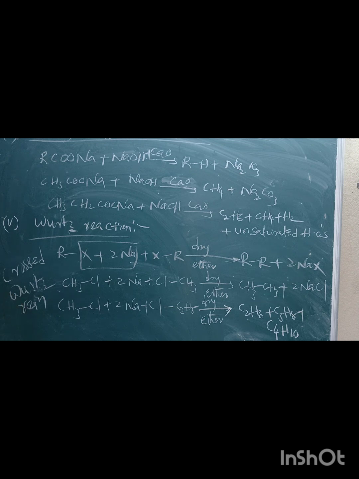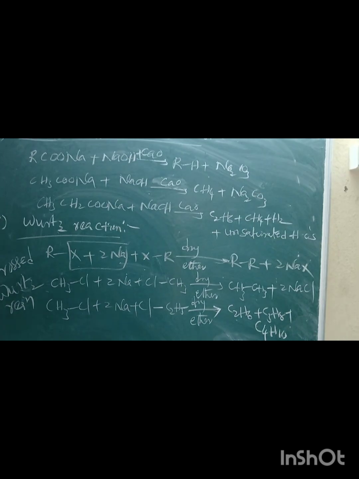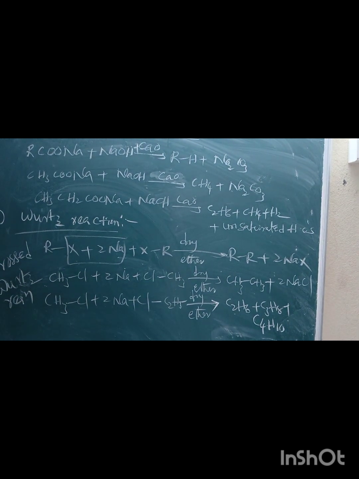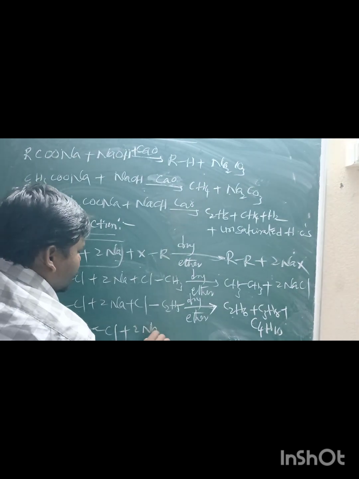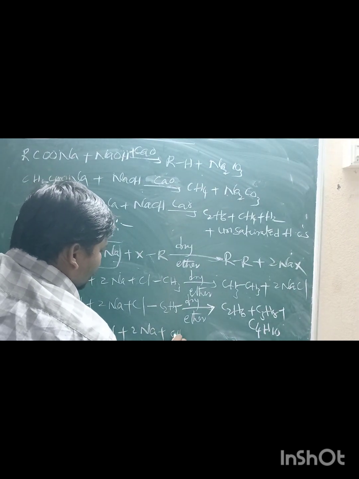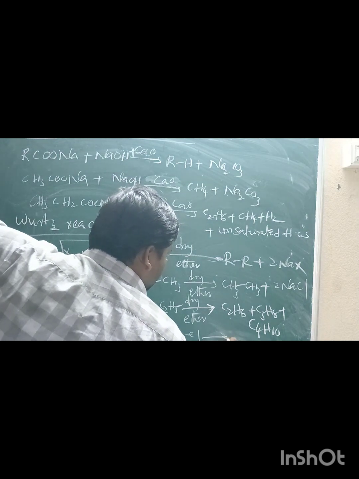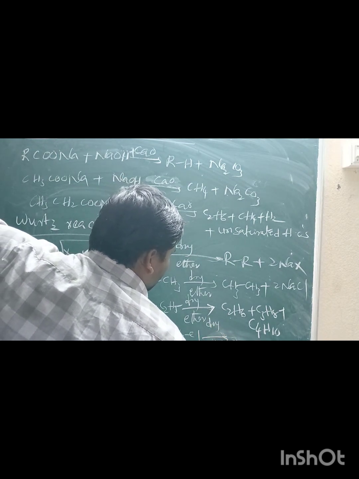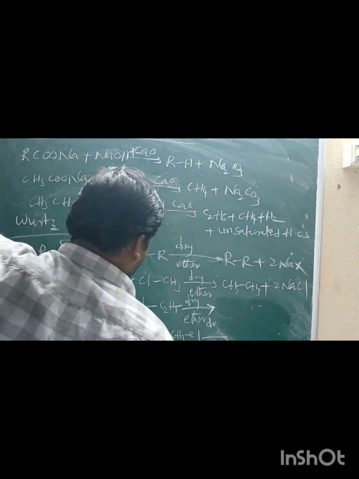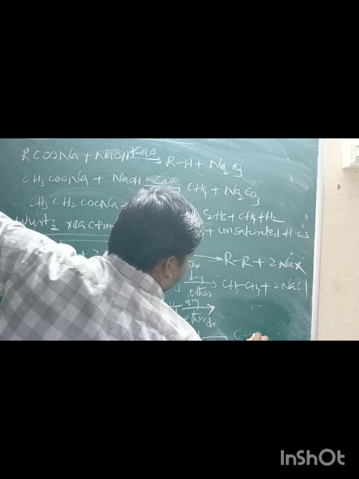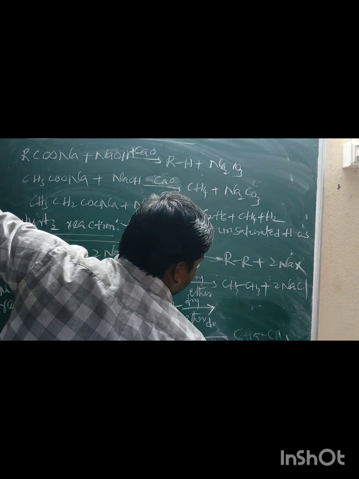And finally, one more is there. When one aliphatic alkyl halide and one aromatic halide are combined, for example C6H5Cl reacts with sodium and aliphatic CH3Cl in the presence of dry ether, it forms the product C6H5CH3 plus 2 NaCl.